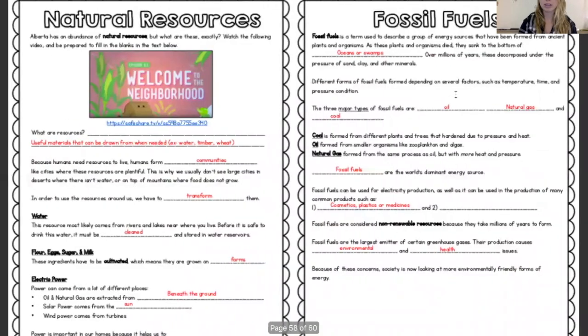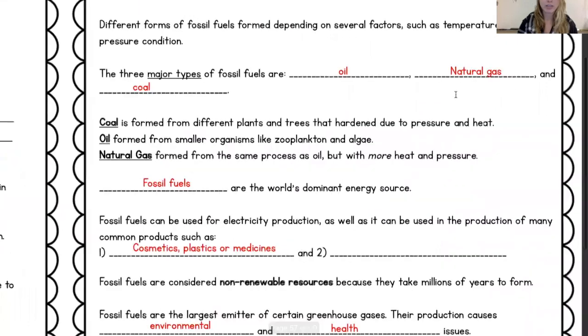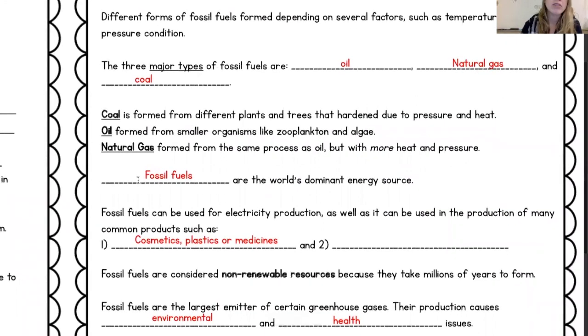Oh my goodness, what is happening? Okay. Natural gas formed from the same process as oil, but with more heat and pressure. So more organisms got squished and pressurized for millions of years, and it was really hot. So natural gas was formed with more heat than oil and coal. It was the hottest. That's what they're saying right there.